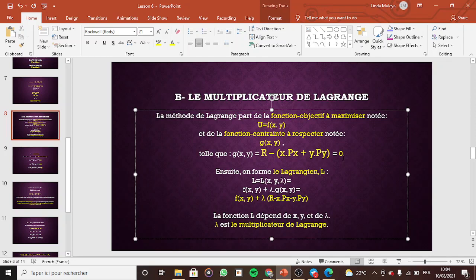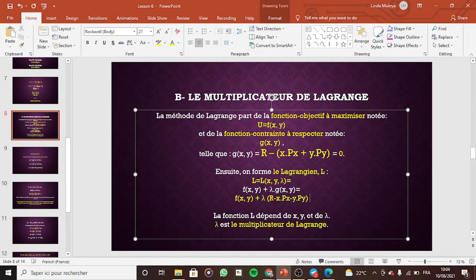And so the formula for Lagrange is what you see here. L is equal to L of x of y of Lagrange, le multiplicateur de Lagrange, which brings you down to this point here: f of x and y plus Lagrange multiplied by g of x and y.